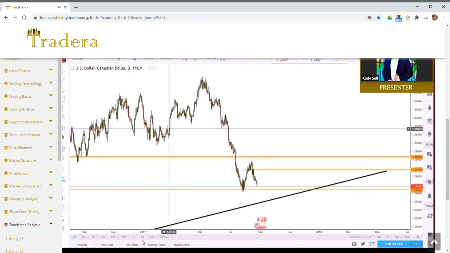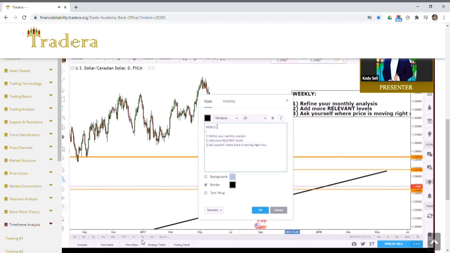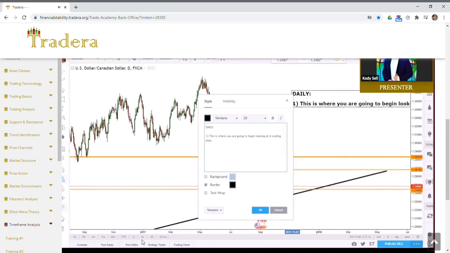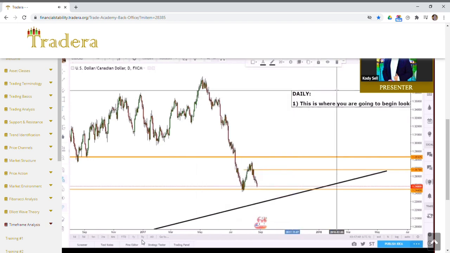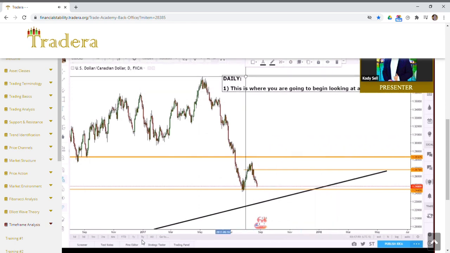Let's talk about the daily time frame. The daily time frame is a very interesting time frame. So the first thing on the daily is going to be this. This is where you are going to begin looking at a trading plan.